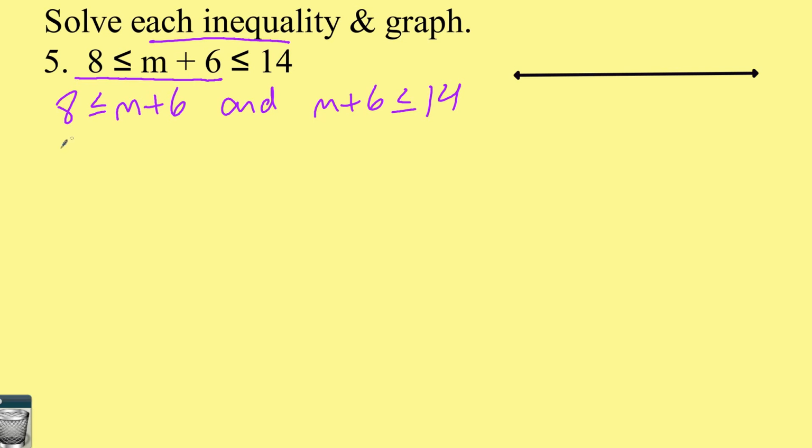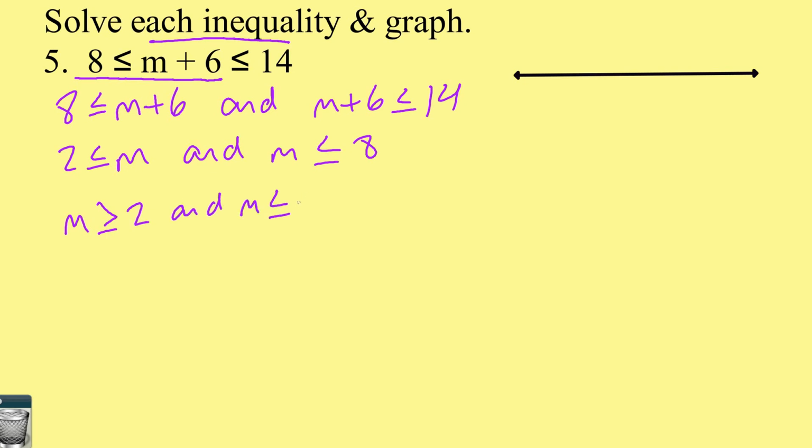All right, so let's solve it. So we move the 6 over. So we get 2 is less than or equal to m, and m is less than or equal to 8. Okay, I'm going to rewrite this first one. So m is greater than or equal to 2, and m is less than or equal to 8. So we go in and graph that, and we get 2, 8.